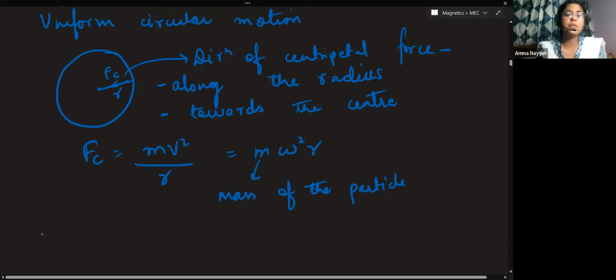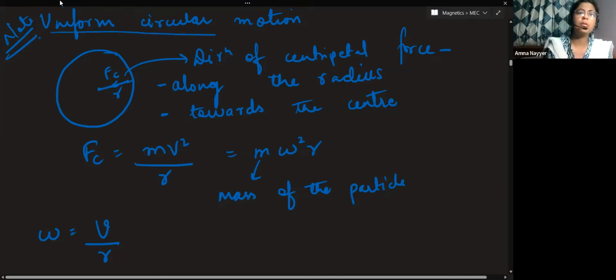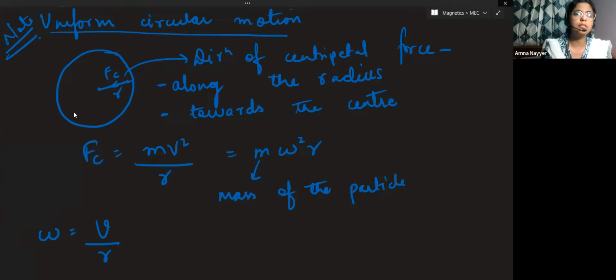And one more relation between omega and velocity is omega is equal to v divided by r, because omega also we have to calculate. So remember the direction. This is just a recap. Make it as a note point. Uniform circular motion won't be directly asked. It will be indirectly given in your exam.